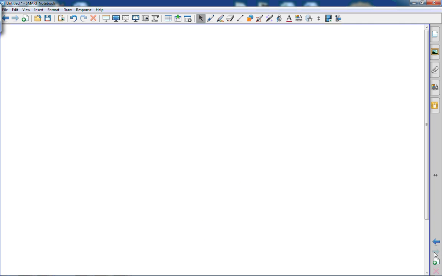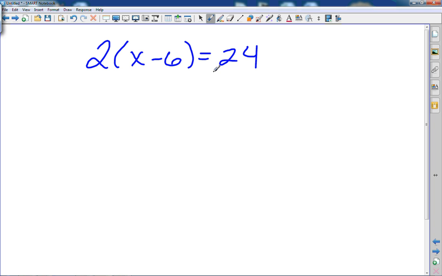Okay, the first problem. We have 2 times x minus 6 equals 24. Okay, the first thing we need to do, you don't have to do this, I just go ahead and draw my line here to separate. You do the distributive property. So I have 2 times x, which is 2x, 2 times negative 6, which is negative 12.